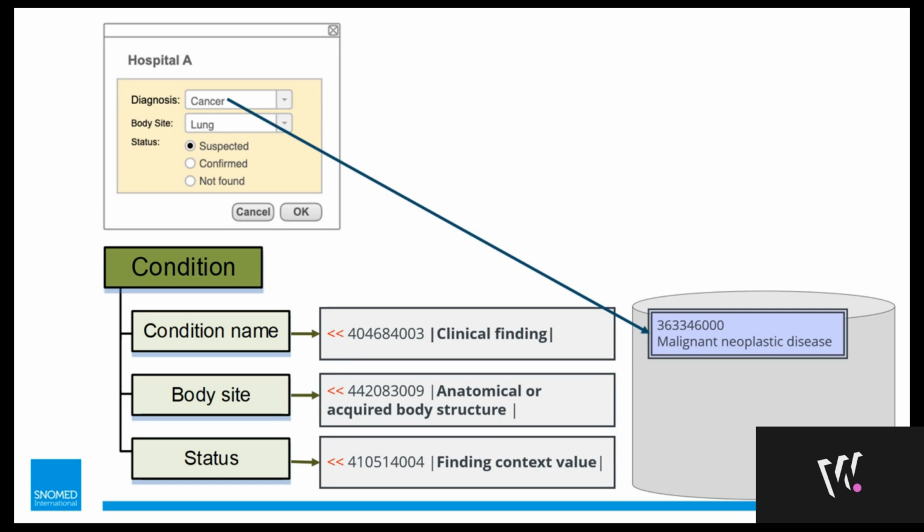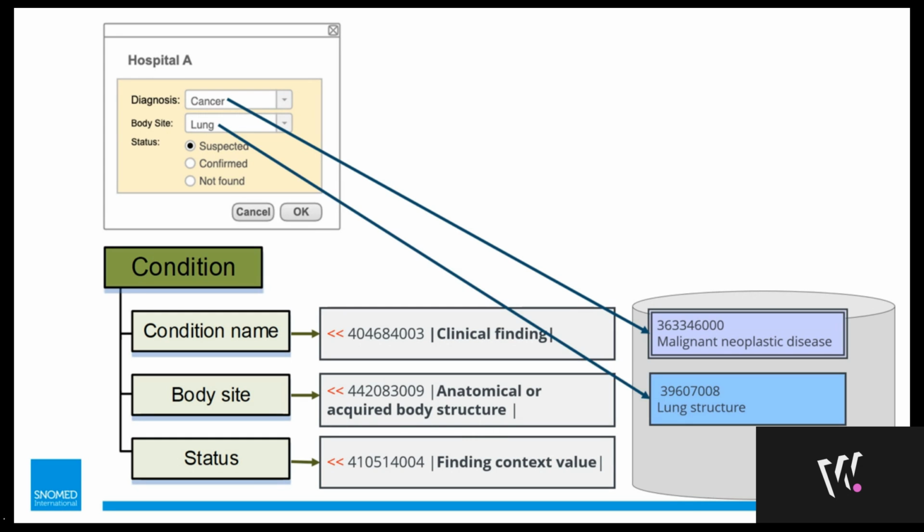When the user selects the value cancer, the SNOMED CT concept for malignant neoplastic disease is stored in the record. And when the user selects the value lung, the SNOMED CT concept for lung structure is stored. And similarly, when the option suspected is selected, the SNOMED CT concept for suspected is stored.